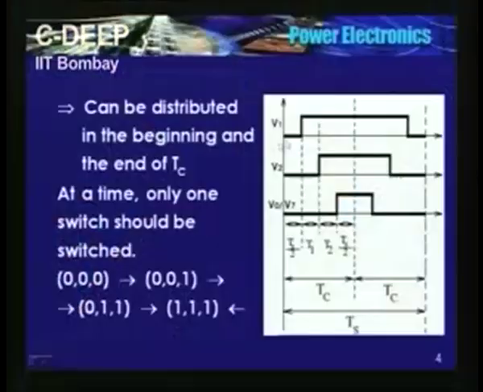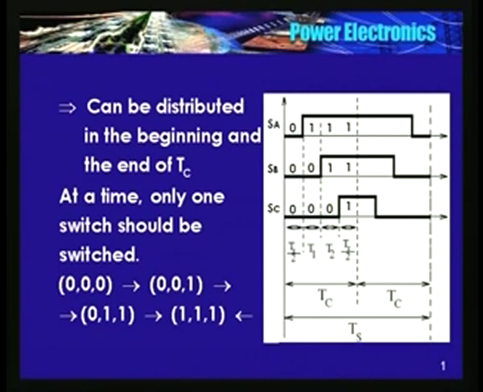By turning on the upper device of phase A alone, the space vector moves along the x axis. See here, 0 0 0 is applied for Tz by 2 duration. I have taken this for convenience. It is not a must that I should apply this 0 0 0 vector for Tz duration.